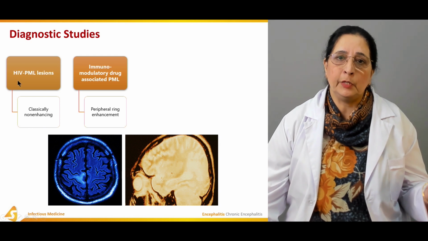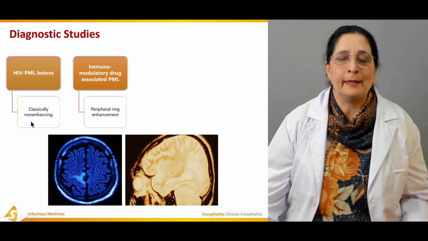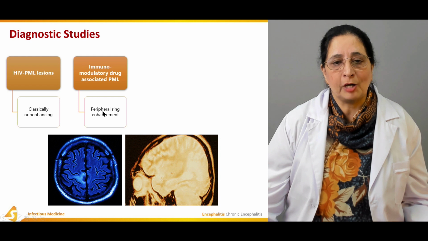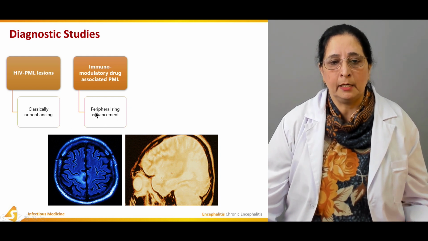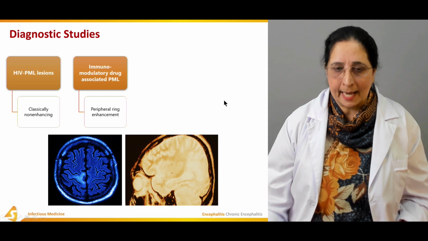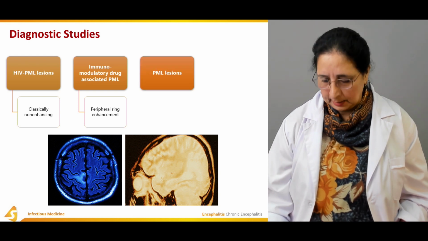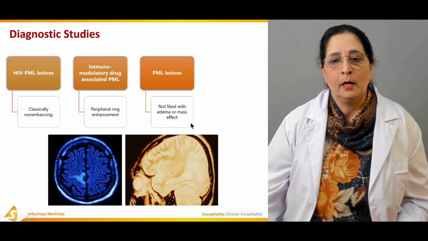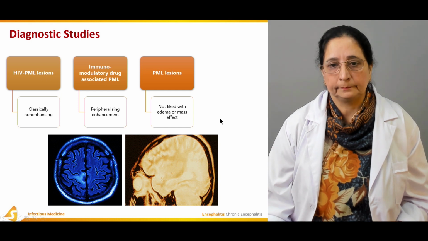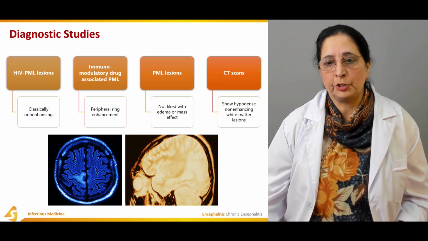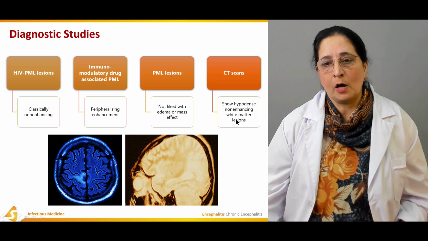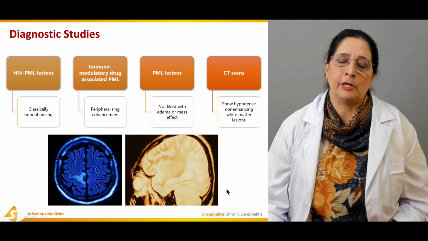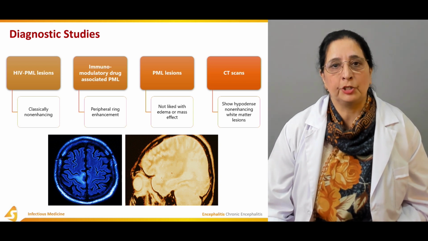A PML lesion is not usually associated with edema or mass effect. CT scans show hypodense, non-enhancing white matter lesions. So these are some other diagnostic studies and how the picture will appear.